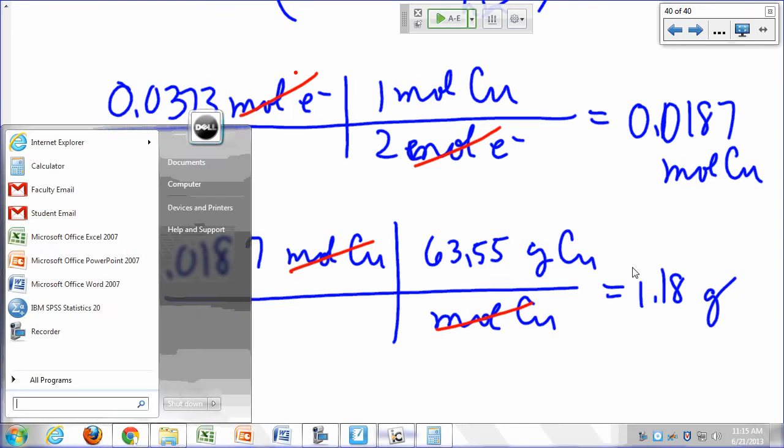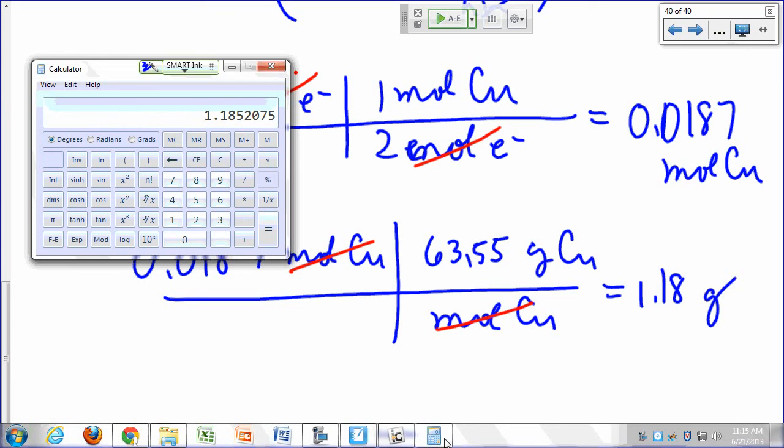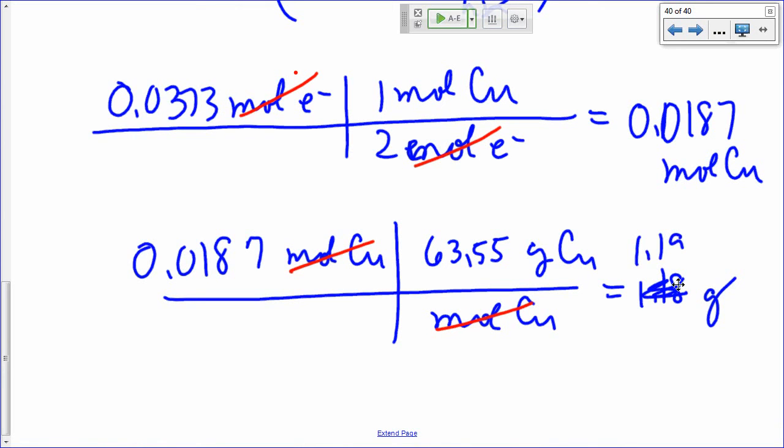Is that right? 63.55 times 0.0187, yeah, 1.19. That's how much copper you're going to plate.